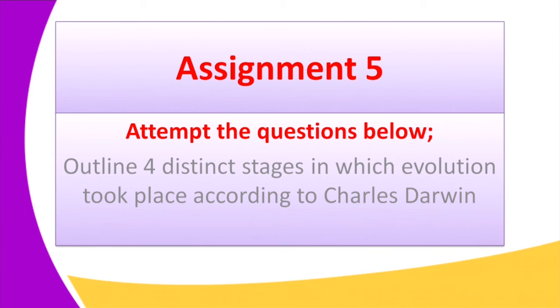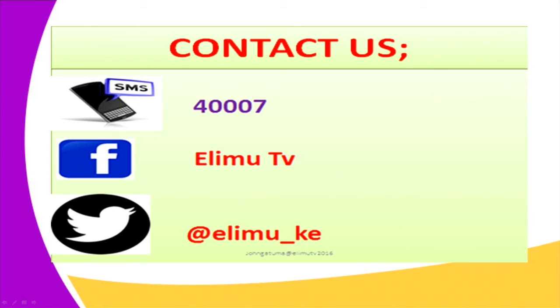The question is, outline 4 distinct stages in which evolution took place according to Charles Darwin. So you get all these stages, and therefore in the next lesson we shall be able to start from there.